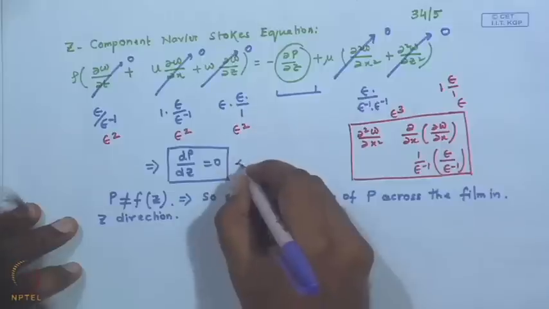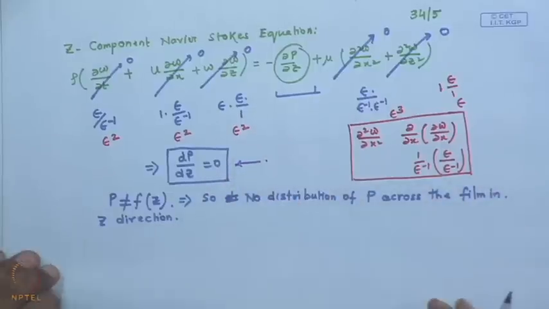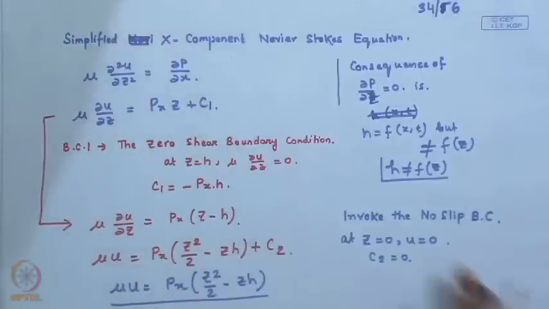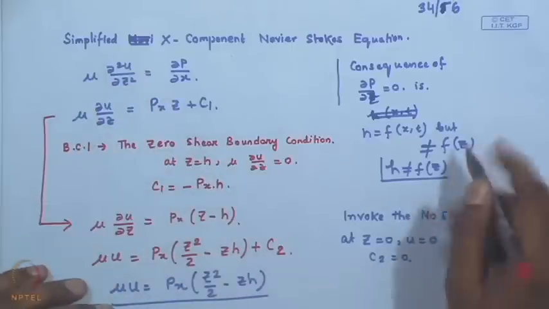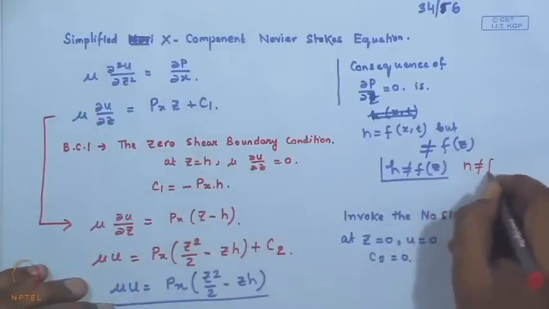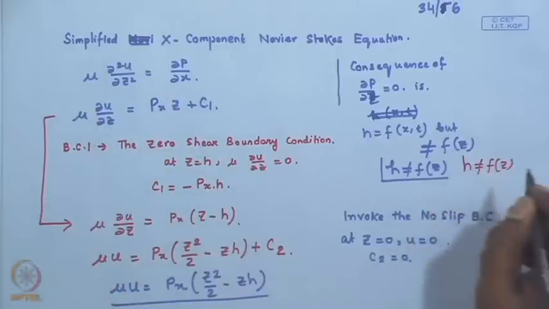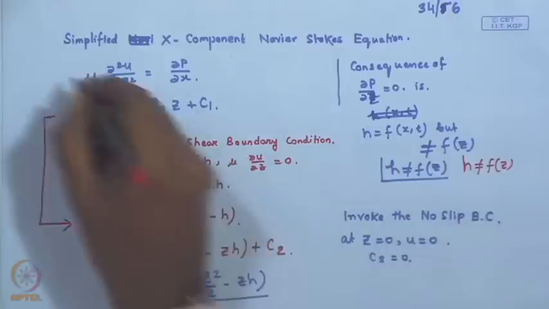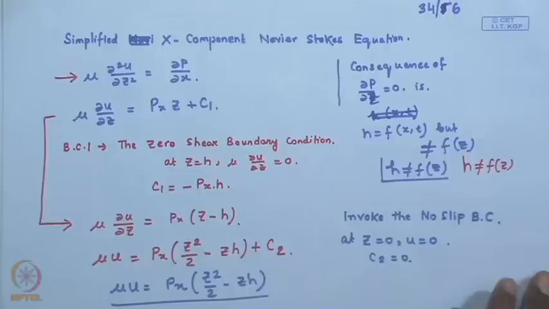And we also looked at the z component Navier-Stokes equation, which gave us del p del z is equal to 0, which eventually tells us that h is not a function of z. So with that, we started to look at the simplified x component Navier-Stokes equation, and we have integrated it twice already with respect to z, and invoked appropriate boundary conditions.